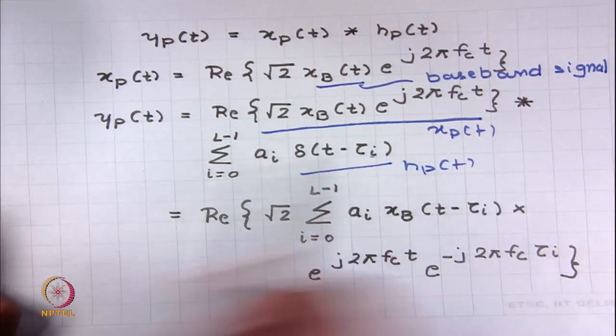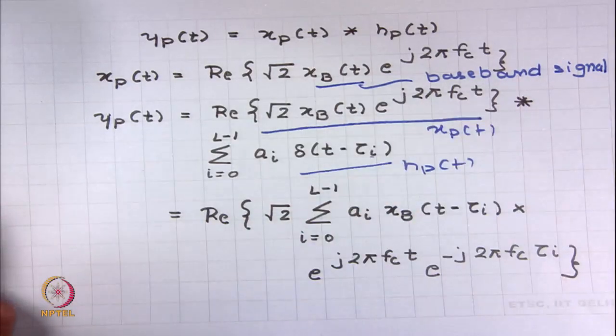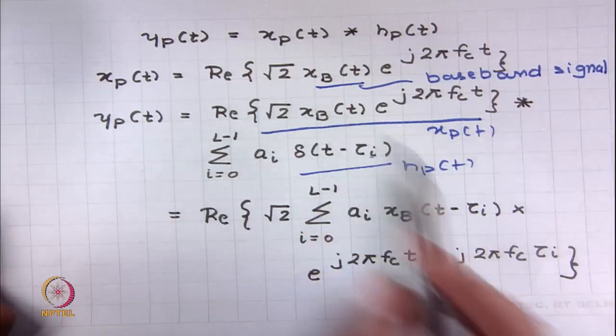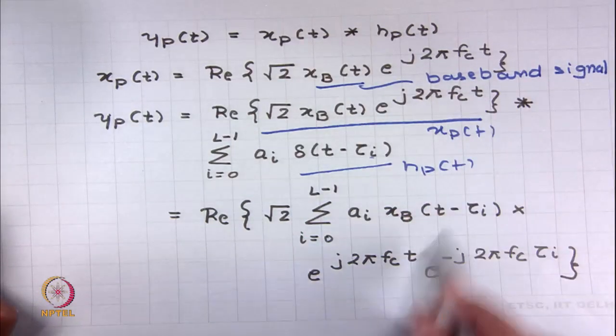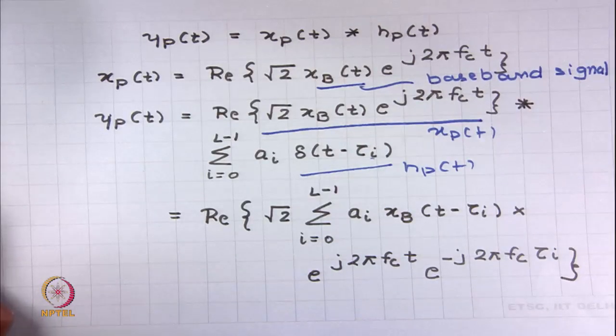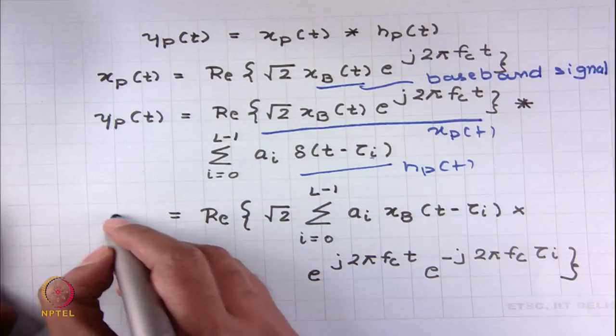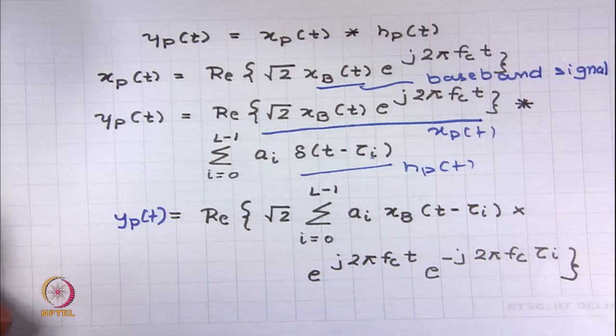So, this impulse exists at tau_i, and this signal will also shift to tau_i. Now changing this t to t minus tau_i, I get two complex exponentials. So, this is actually your y_p(t). Simple.